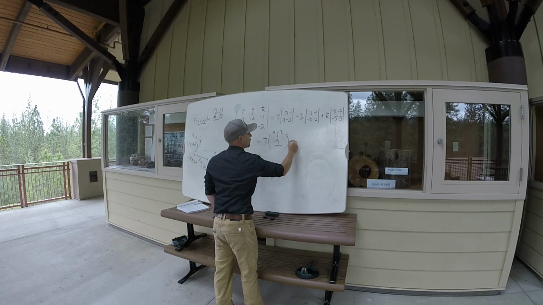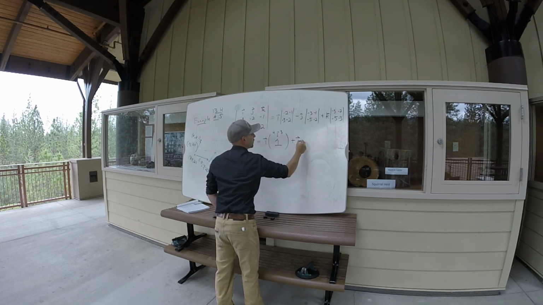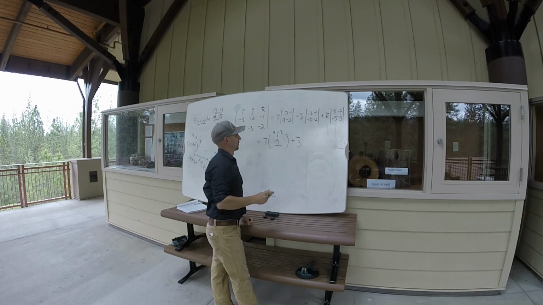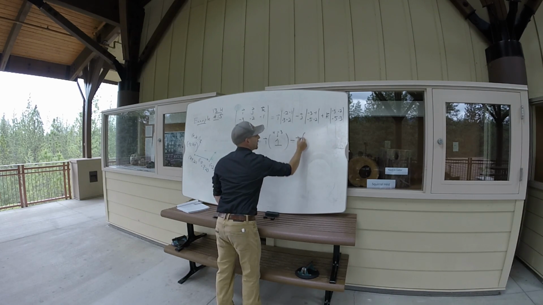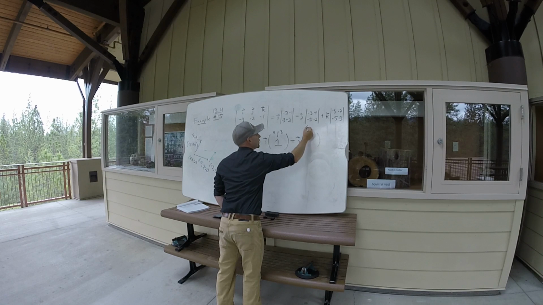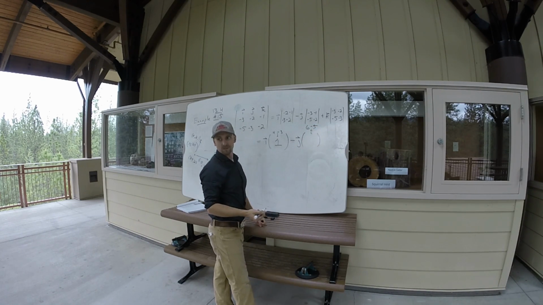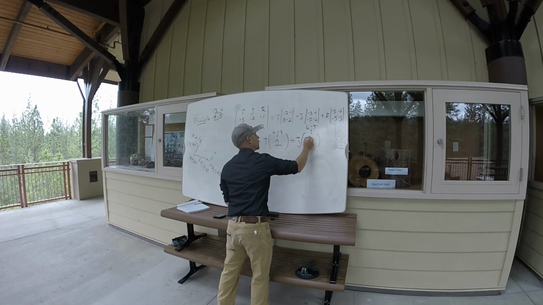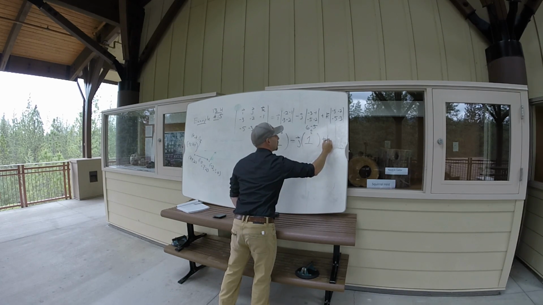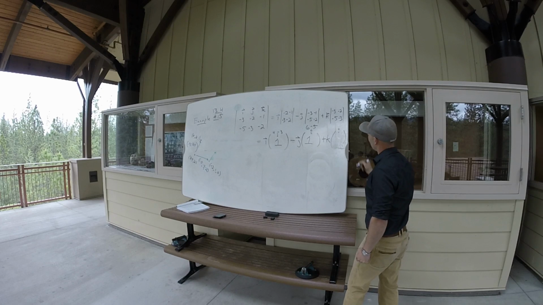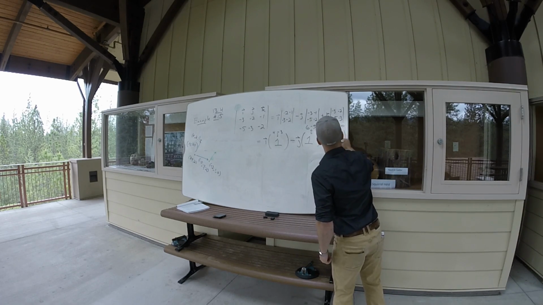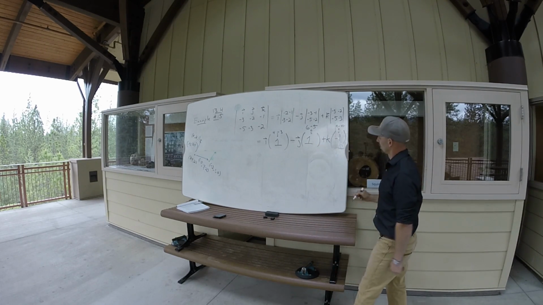Then we got minus j, 6 minus 5, which gives us 1. Plus k, and I'll give you a hint, it's repetitive. This should be 9 minus 10, which is negative 1.